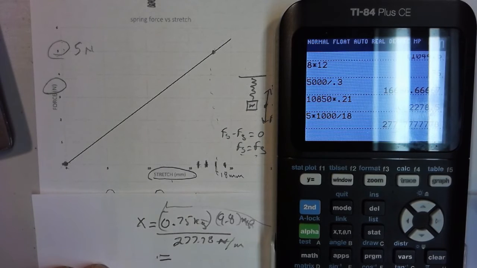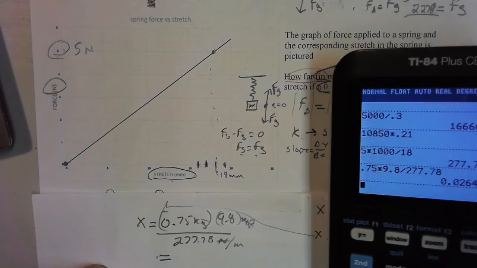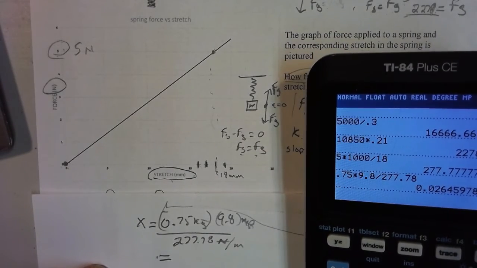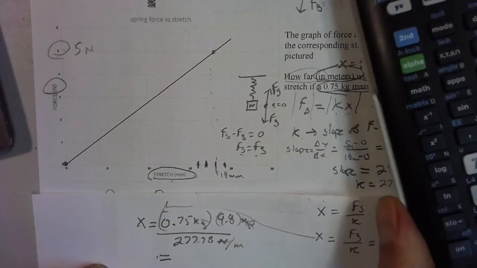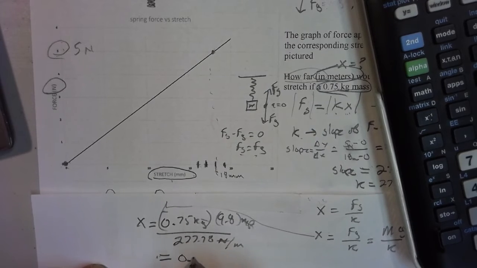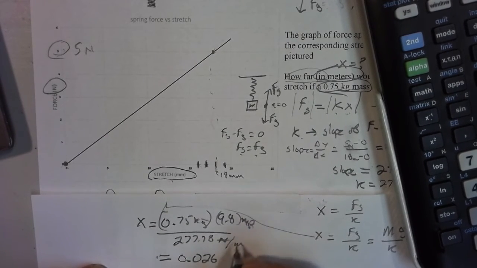I got 0.75 times 9.8 divided by 277.78. And that's what we get, 0.02645. And that's meters, right? 0.02646 meters.